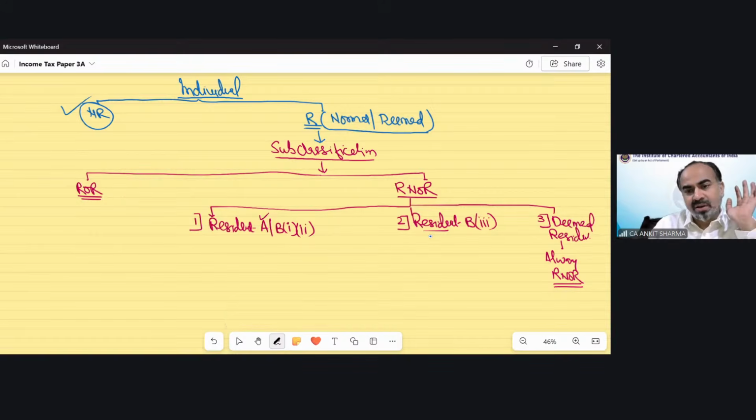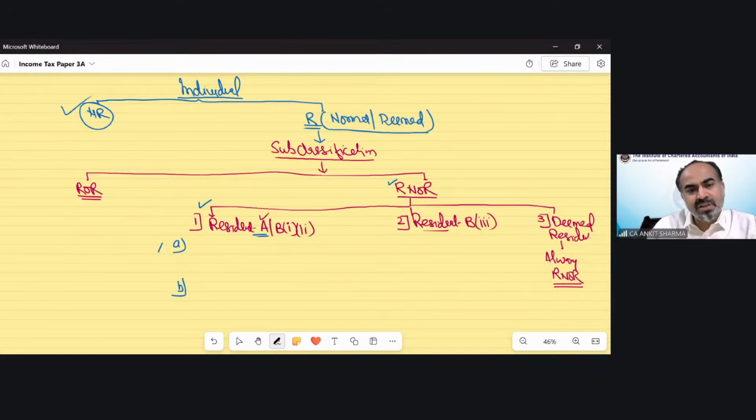So the hard work is to find out whether you are a resident and not ordinary resident for category A and B, first and second point, and category B third case. Only one difference in this. Now these two conditions: if any of these conditions is fulfilled, that individual who is resident as per category A or B, first or second point, will become a resident and not ordinary resident.